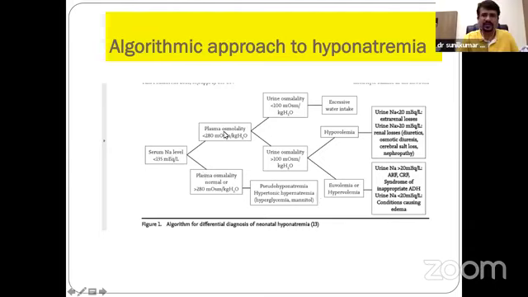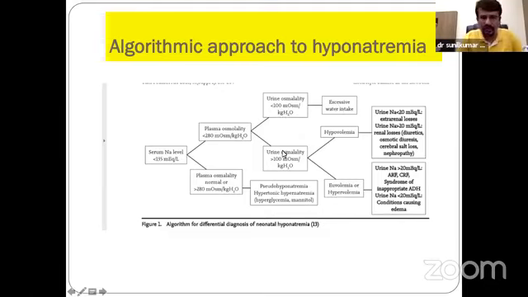Then if the plasma osmolality is reduced, like less than 280, then we need to check urine osmolality, whether the urine is concentrated urine or less concentrated urine. If the urine osmolality is reduced, meaning less concentrated urine, that can be because of excess water intake.